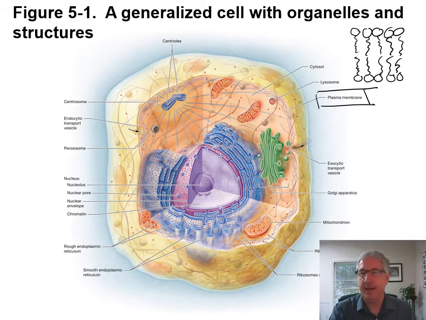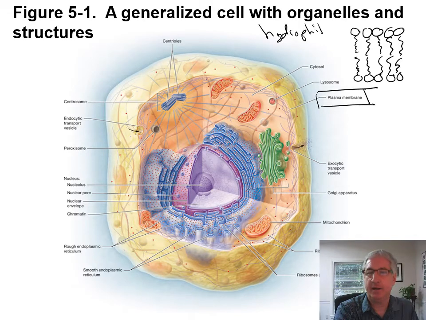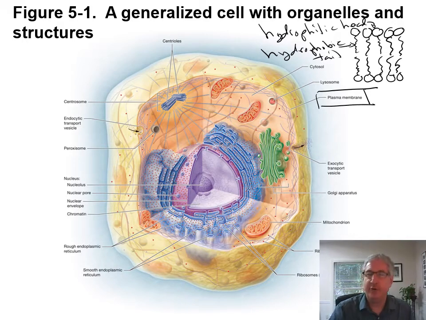So you have these heads. This is called a hydrophilic head, and this is called a hydrophobic tail. Okay, so hydrophobic, hydro meaning water, phobic meaning fearing or hating.